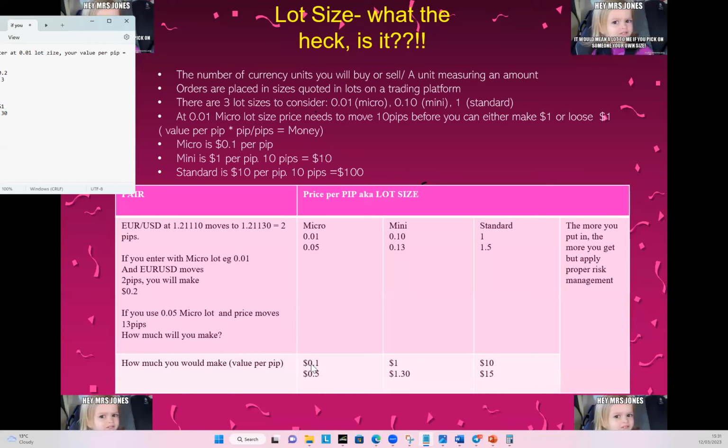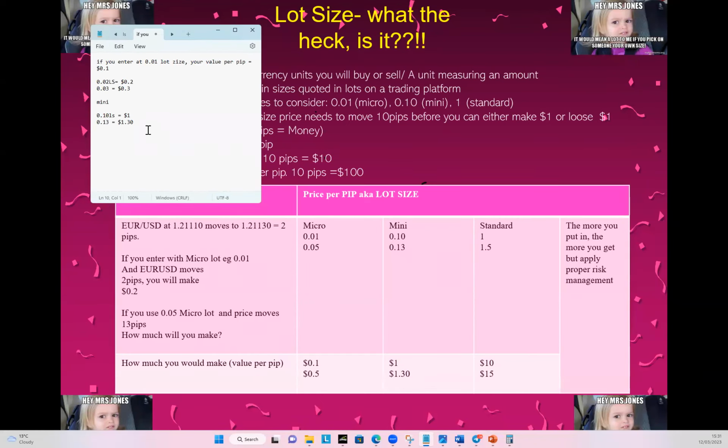So it's 0.1 times 2. What is 0.1 times 2? It's 0.2. So you're going to be making 20 cents out of that micro lot.